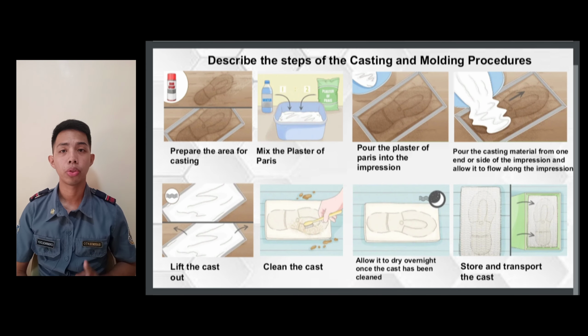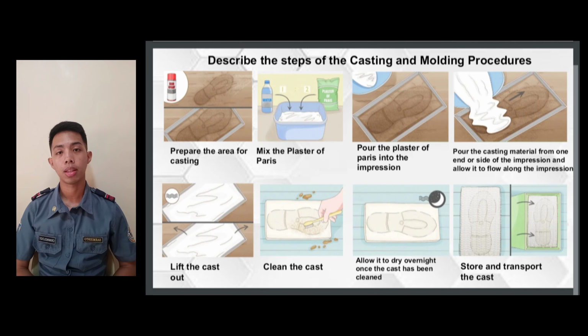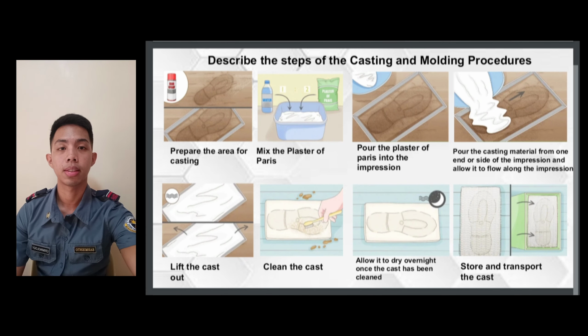Once the impression is full, tapping the surface of the casting material while it is still a liquid with a stick or a pen or ruler will make any air bubbles within the casting material rise to the top, preventing air bubbles in the final cast.